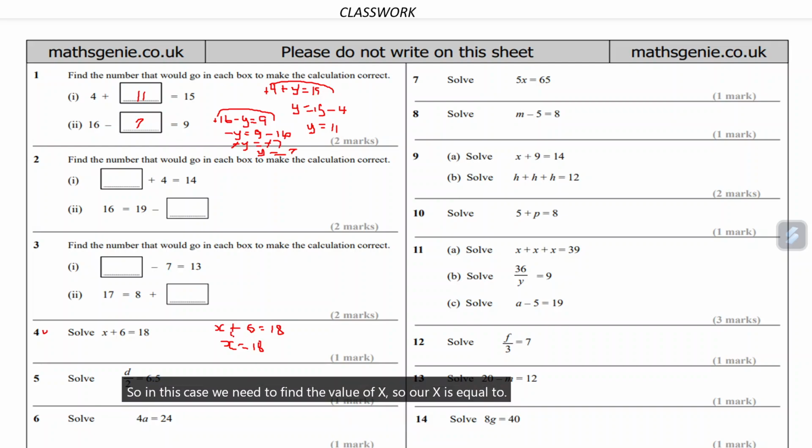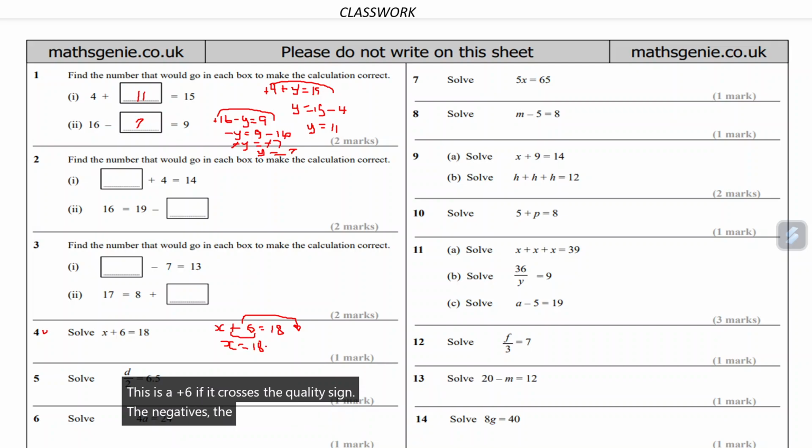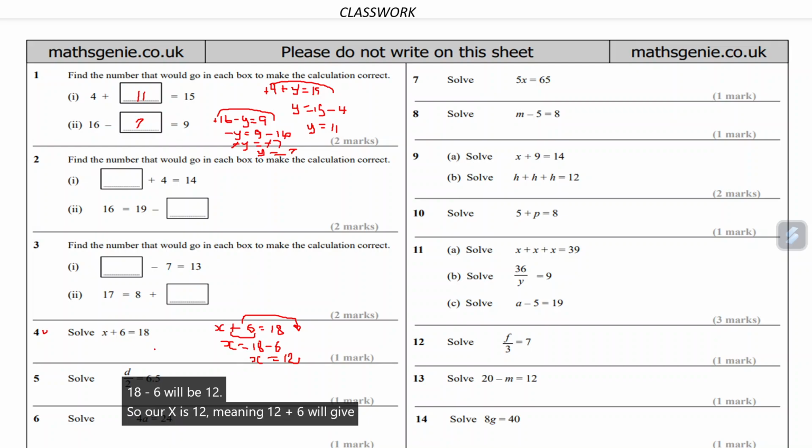This is a positive 6. If it crosses the equality sign, the positive sign changes to negative. That will be minus 6. Now x is equal to 18 minus 6 will be 12. So our x is 12, meaning 12 plus 6 will give us 18.